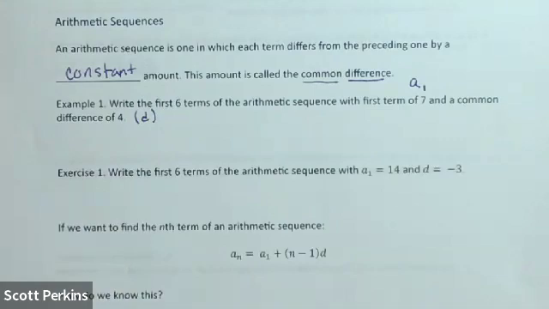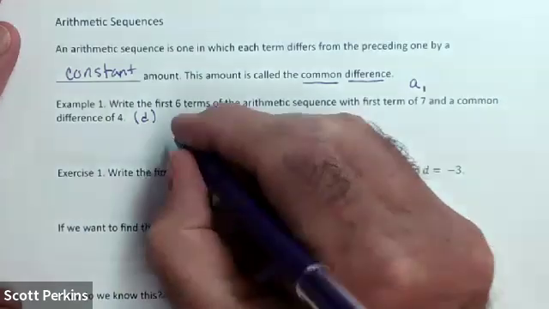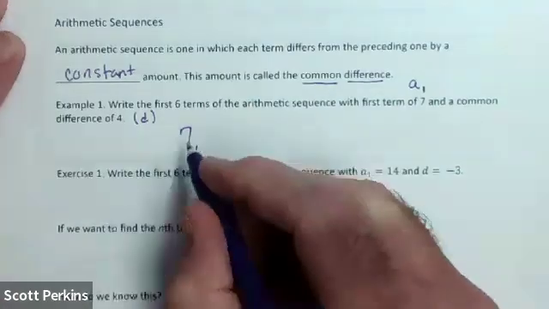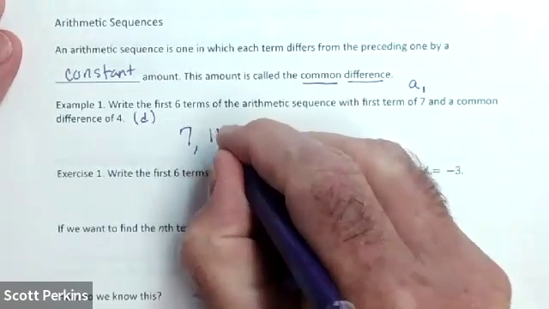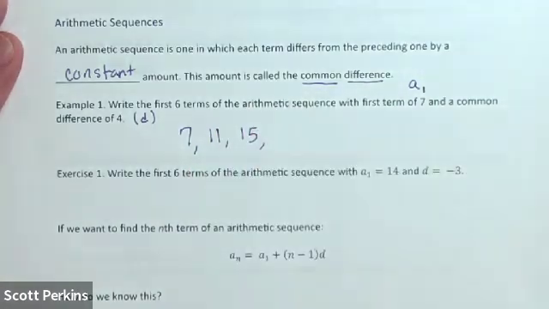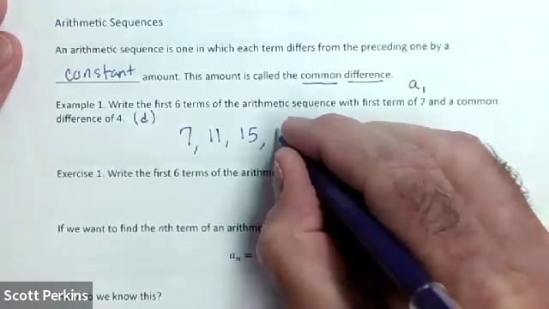All right, well, I don't think this is too difficult of an exercise, but if you have a question about it, definitely let's get it cleared up. So the first term is just going to be 7. And then since the common difference is 4, you're just going to now add 4 to get each successive term. So 7 plus 4 is 11. There's term 2. 11 plus 4 is 15. There's term 3. 15 plus 4 is 19.